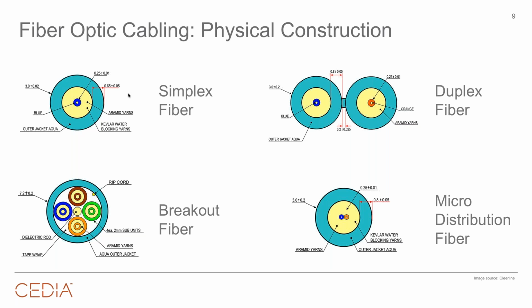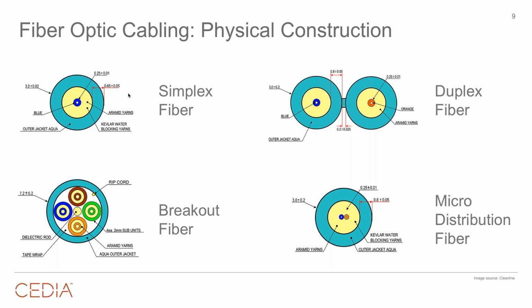So you have more strength as you pull back that outer jacket and you expose the individual strands inside. Okay, these are made to be broken out and go into your individual connectors, whereas micro distribution has less jacketing around those individual strands, but therefore you can have much, much higher strand counts.